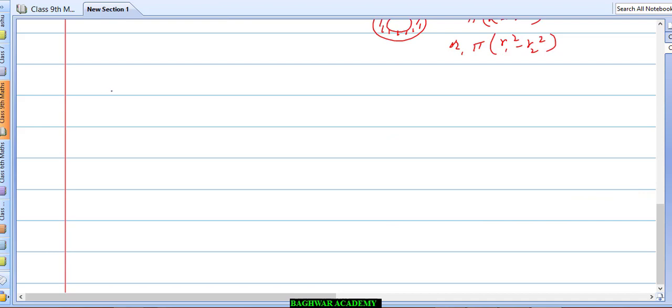Here we will write 2 pi R H plus 2 pi r h plus 2 pi, because you have 2 ends, so 2 pi R square minus r square.